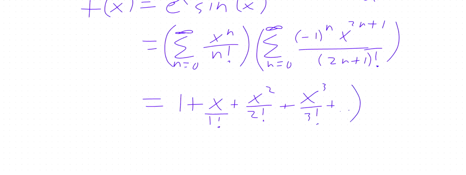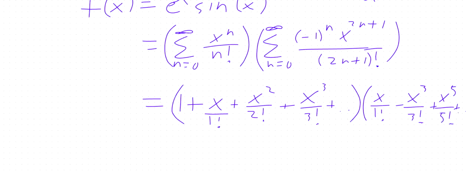Then do the other one, where it's going to be x over 1 factorial minus x cubed over 3 factorial plus x to the fifth over 5 factorial, and keep on going.